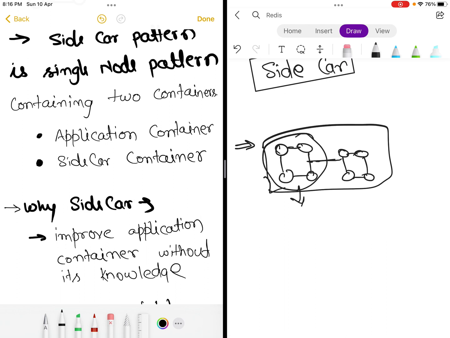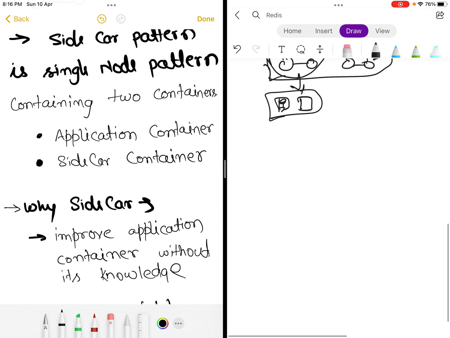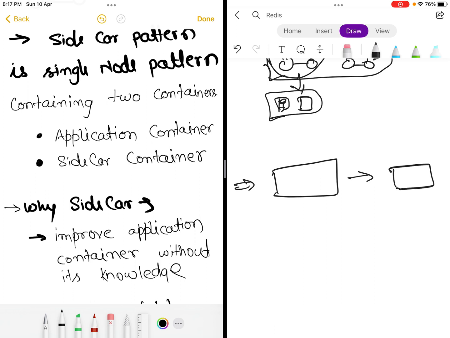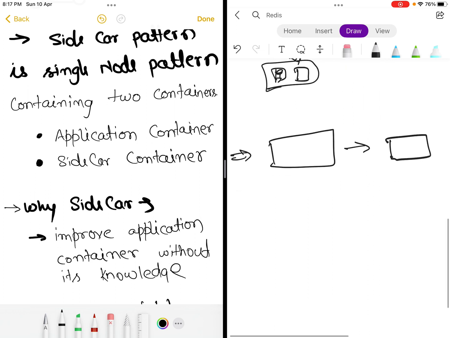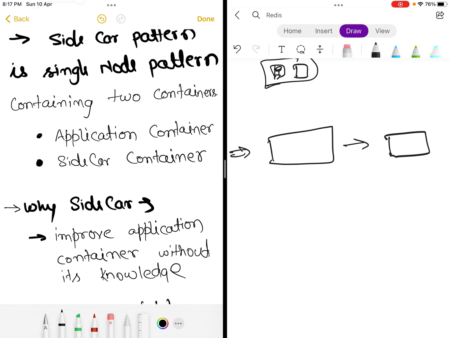Suppose you have an engine, then you have fuel and all those things. Whatever resources this car has, they will be shared by the attachment as well. So in this one you will be having one application container which will be your main container, and then you will be having another smaller or similar size container which you will be using for sidecar.